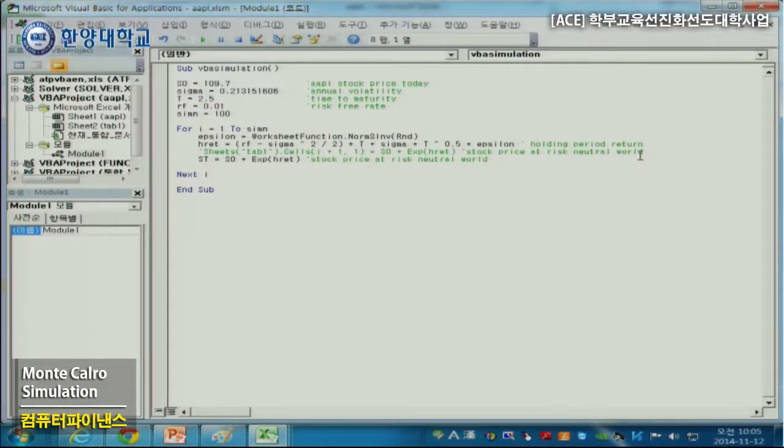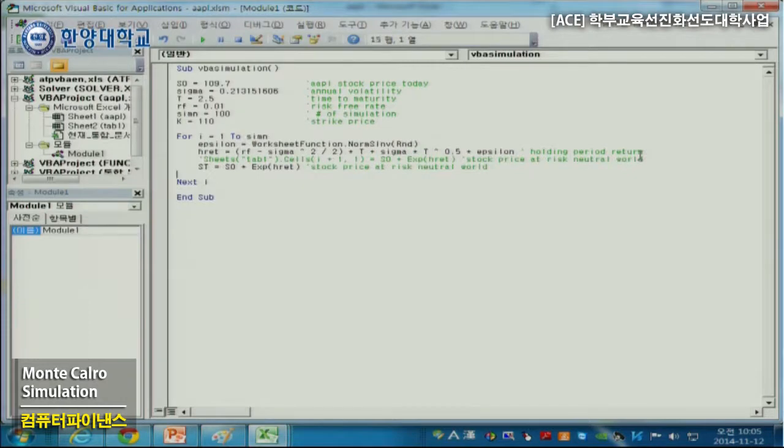And then let's say K is the strike price, is 110. This is the number of simulation. K is the stock price. Then I can price put option price. Put option is the what?